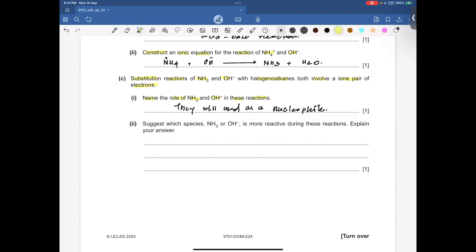Okay. Suggest which species, ammonia or OH minus, is more reactive during these reactions. Explain your answer. Obviously, ammonia is more reactive.